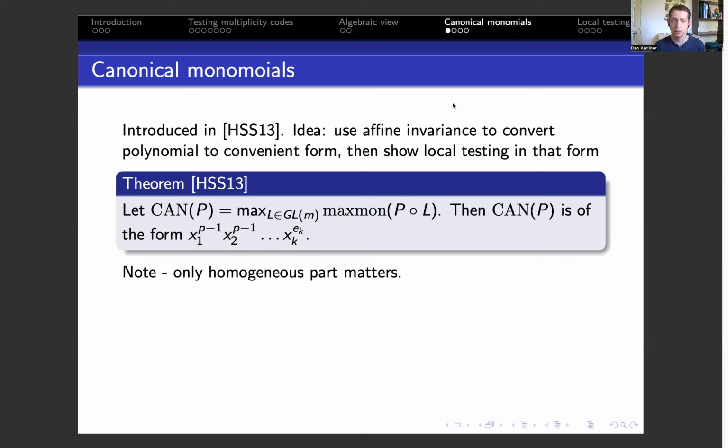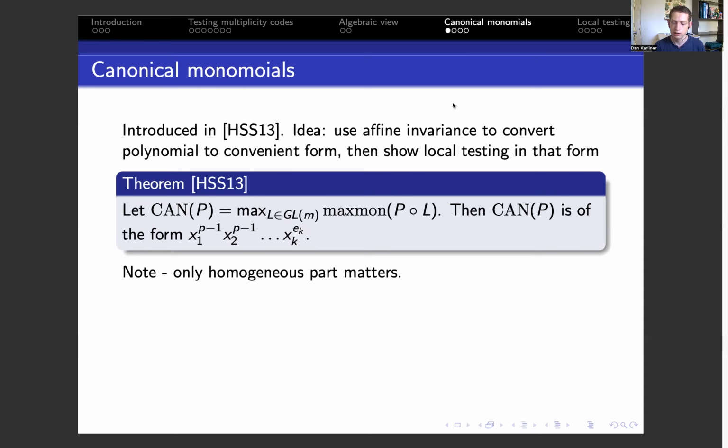So let's go back to the Reed-Muller case. This isn't how they define it, but we can define the canonical monomial of a polynomial p to be the maximum, over all linear maps, of the maximum monomial of the polynomial composed with that linear map.